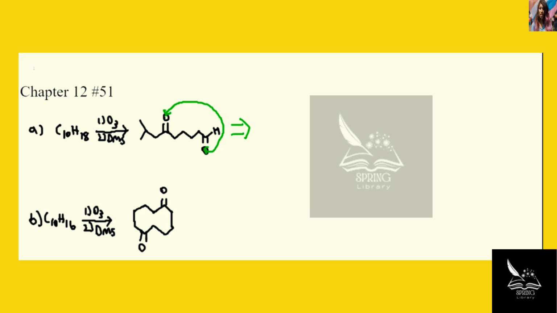We should replace that with a double bond instead. That ends up looking like this: a six-membered ring with the double bond in the ring, and then an isobutyl substituent.